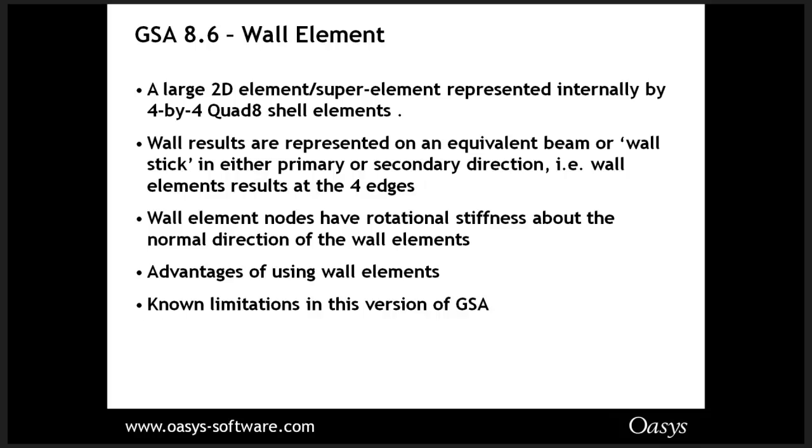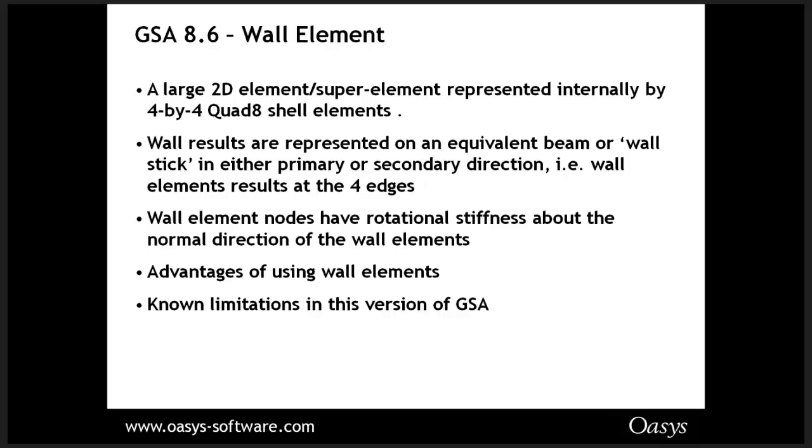So what is the wall element in GSA? Basically, it is a large 2D element. You can say it's a super element. This large element will give you accurate results if you just use one element to model a single wall, for example, a 6 meter by 6 meter wall.